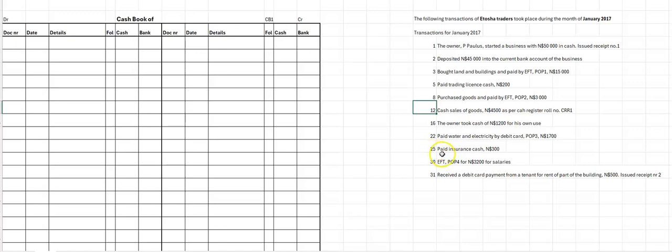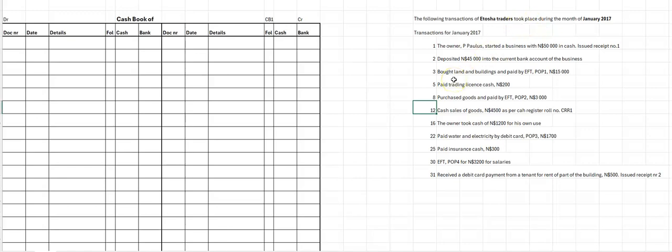On the 25th, we paid insurance, cash, $300. On the 30th, we have an EFT, proof of payment number 4, for $3,200, where we paid the salaries. On the 31st, received a debit card payment from a tenant for rent of part of the building, $500. Issued receipt number 2. Okay, so now we've read through the whole thing.